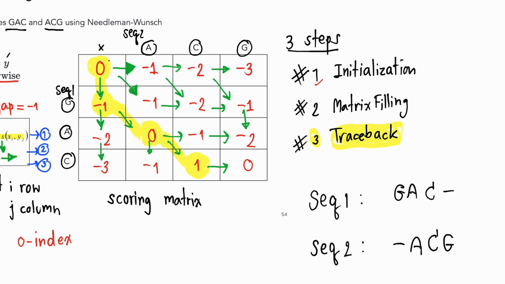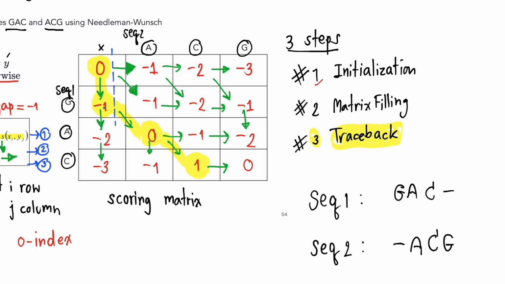This is how the dynamic programming using the Needleman-Wunsch algorithm works. I think you can understand more. And one thing I would like to point out is that if you find the straight line, you see 0 and minus 1, you can draw the straight line here.